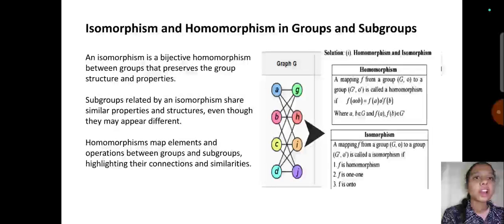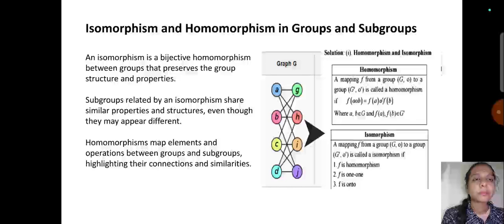And next, isomorphism and homomorphism in groups and subgroups. An isomorphism is a bijective homomorphism between groups that preserves the group structure and properties. Subgroups related by an isomorphism share similar properties and structures even though they may appear different.